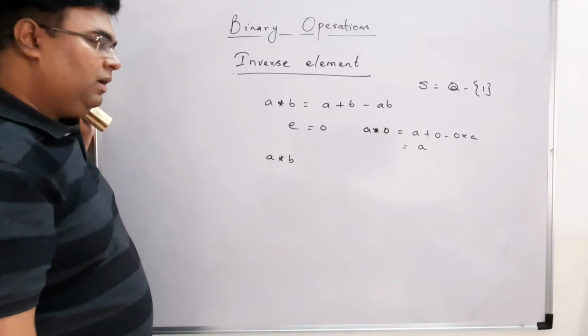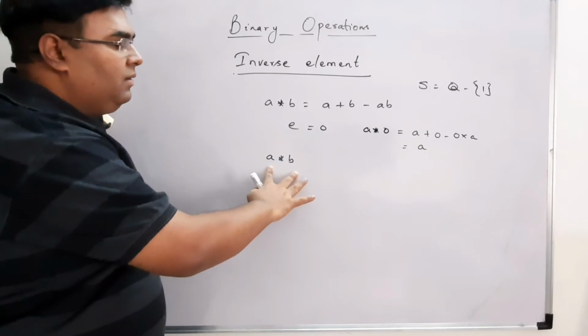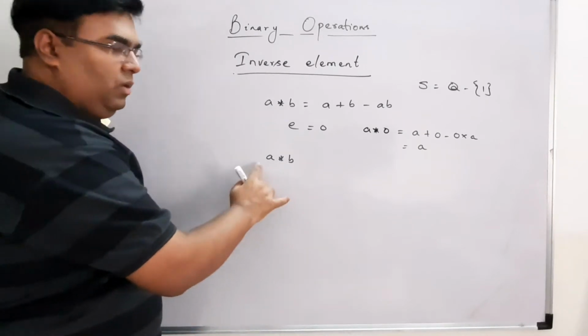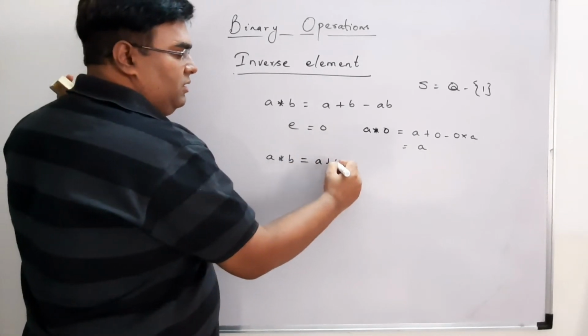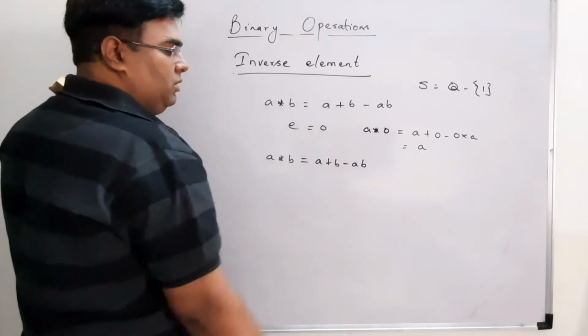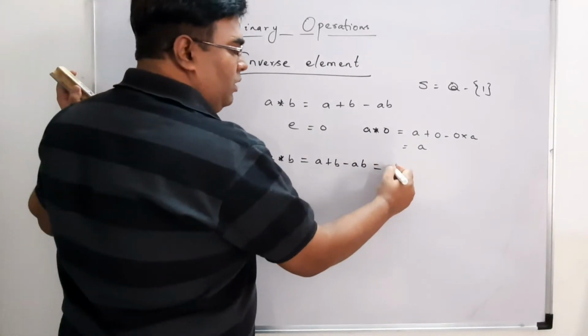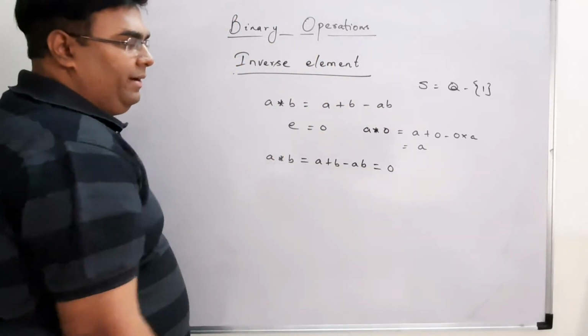A star B. A is my original element and B I am taking as an inverse element, and we will find out what B is with respect to A. By the definition of inverse element it should be equal to 0, because we will get the identity element.